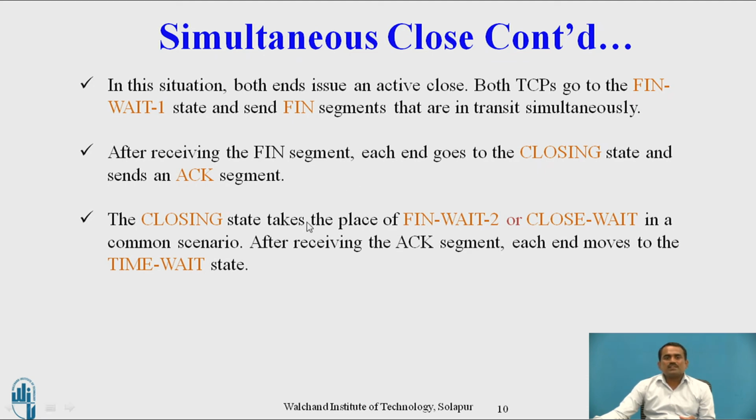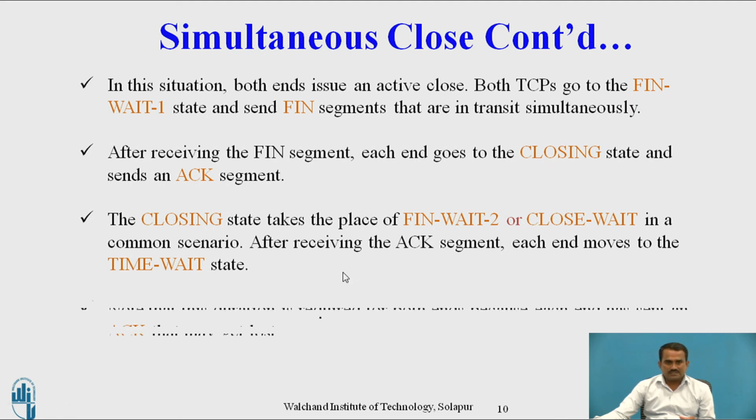The closing state takes the place of the FIN wait 2 or close wait in the common scenarios. So in the second video we have discussed the different common scenarios we have to use on the client side as well as the server side. Okay, after receiving the ACK segment, each end moves to the time wait state.